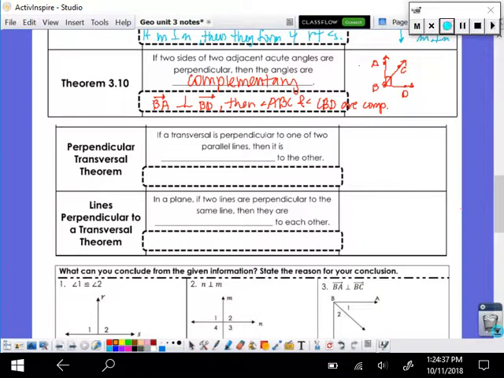We have the perpendicular transversal theorem. If a transversal is perpendicular to one of two parallel lines, it is perpendicular to the other.